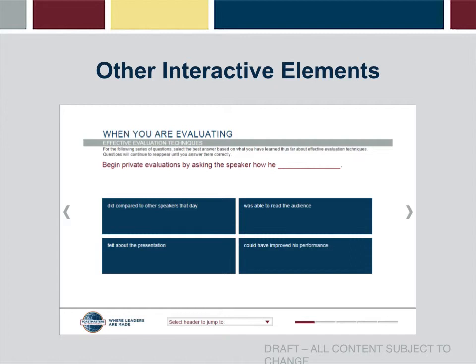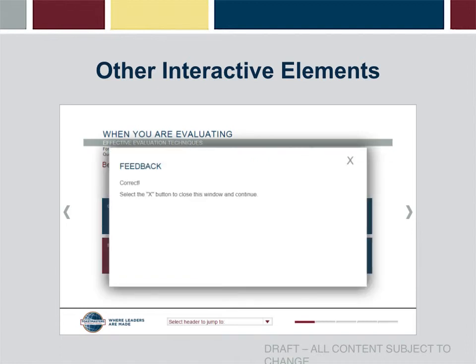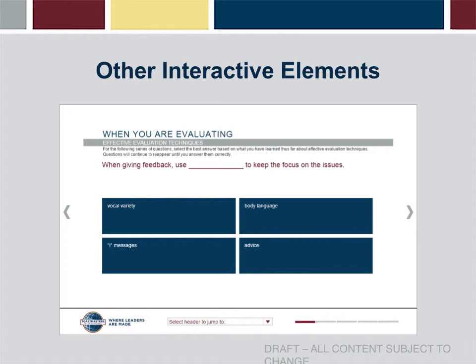The answer I selected: felt about the presentation. My answer was correct. Click on the X in the upper right corner to close the feedback. Once all the questions have been answered, click on the arrow to move on.